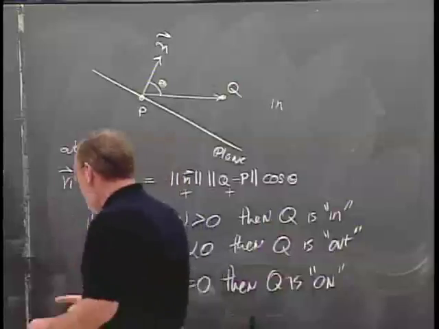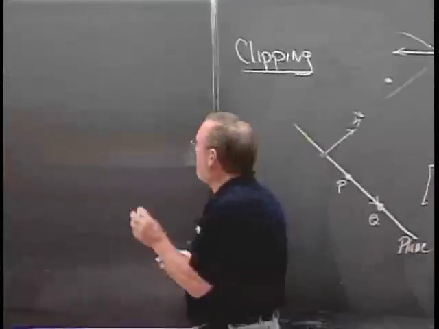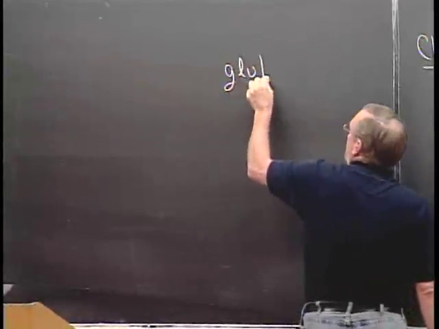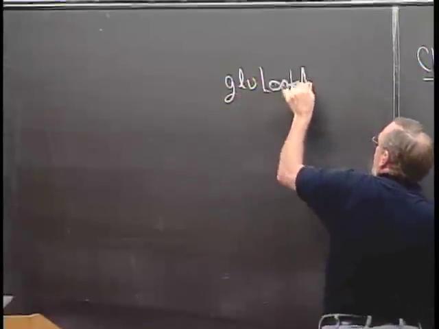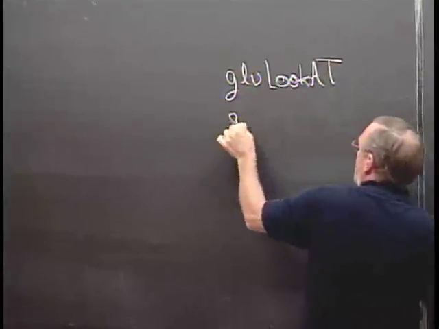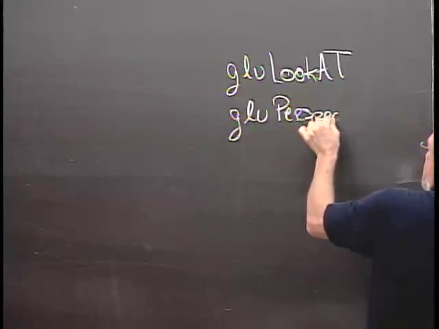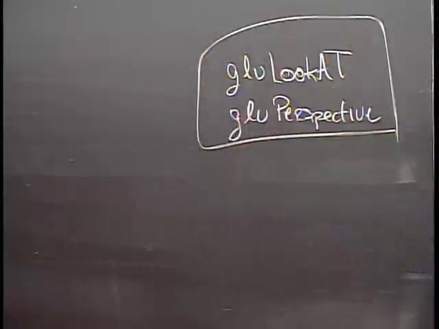Now, your assignment today is to look up, on Google or wherever you do, 2 things: gluLookAt, and gluPerspective. Look these 2 up, okay? You're going to be real familiar with them by the end of this quarter.